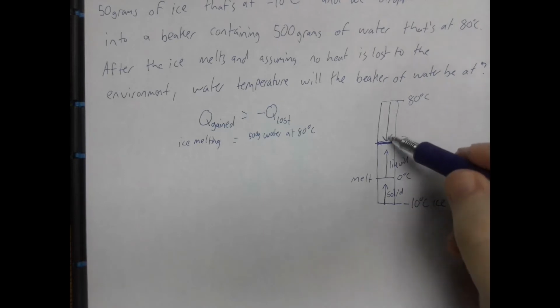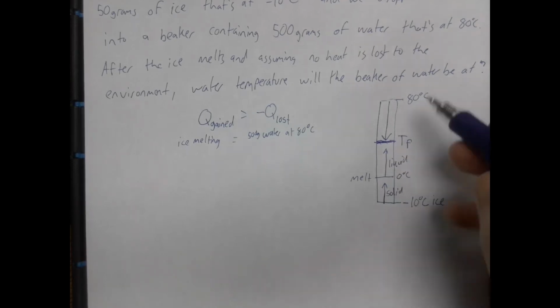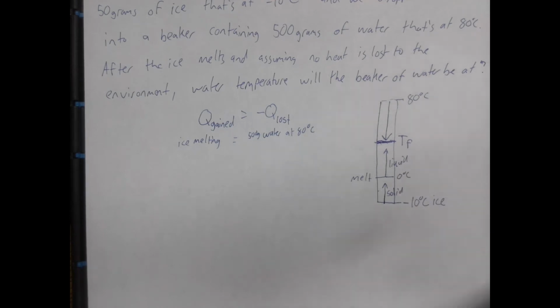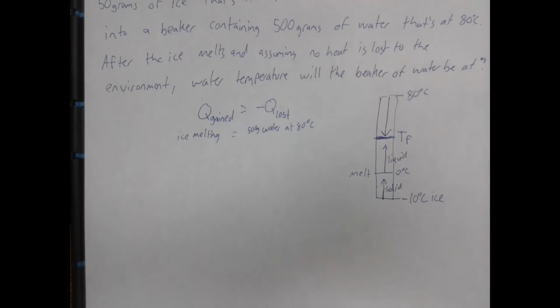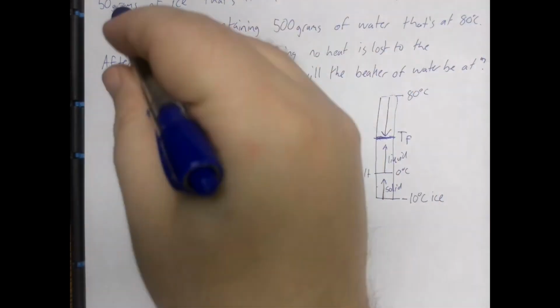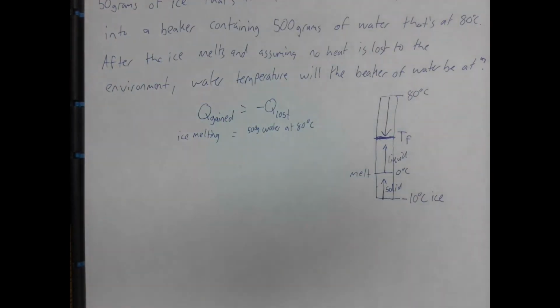So in that case, the final temperature would be going from boiling hot water down to freezing, and your final temperature will be down here. Where you draw this line takes some intuition. In almost all cases, I'm not going to do anything super tricky. It should be obvious. Put ice in a container of water, the ice is going to melt.